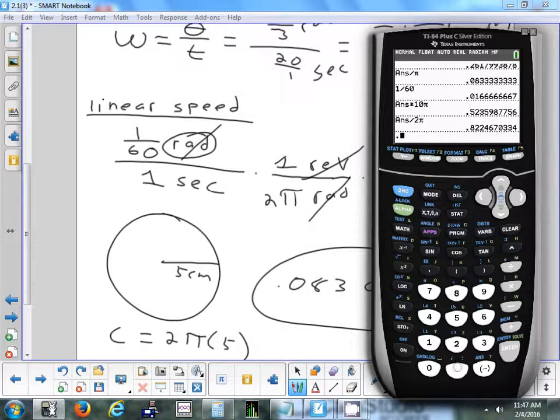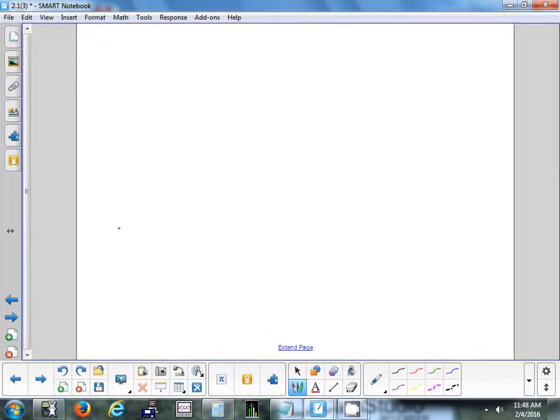Let me see if we needed parentheses. I'm just going to type in 0.523 again, and put the 2 pi in parentheses. So yeah, that makes a difference. You have to put it in parentheses if you do it like that. The reason is that it took 0.523, divided it by 2, and then multiplied by pi.